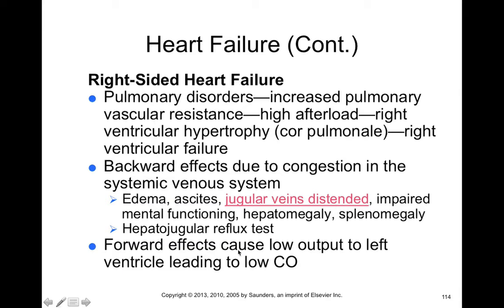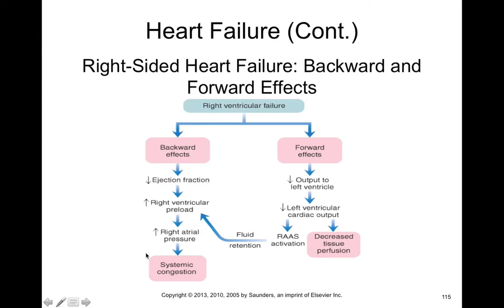Now, some of the forward effects of right-sided heart failure would be low output to the left ventricle, which also leads to low cardiac output, and then all of those signs and symptoms we talked about earlier due to decreasing cardiac output could also be caused by right-sided heart failure.